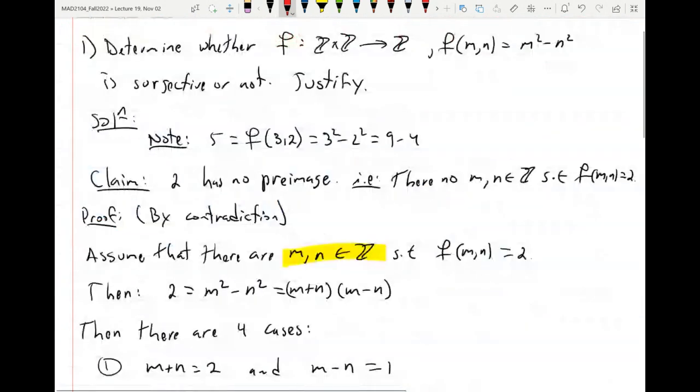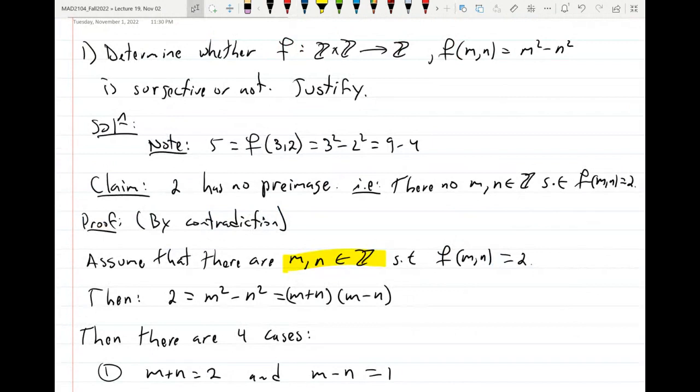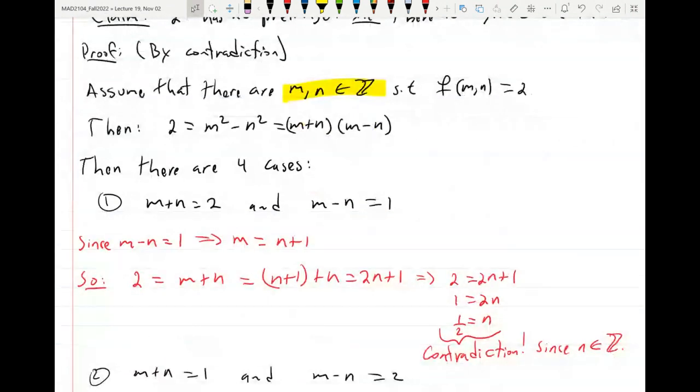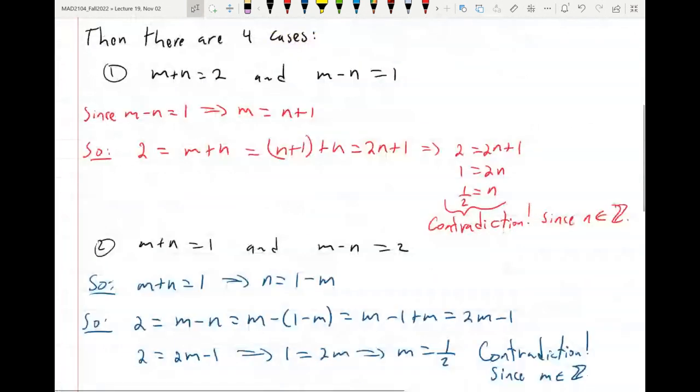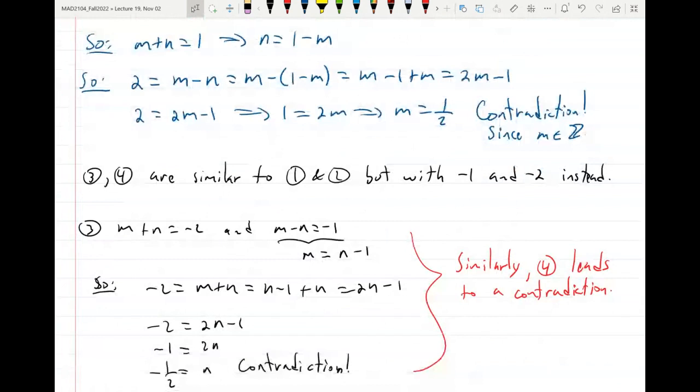So to recap, we started by assuming that 2 has a pre-image, meaning that you can write 2 as a difference of 2 squares, and then that means there are 4 cases that can happen, because you can factor 2, and so the factors are either 2 and 1, or -2 and -1. That's all, plus or minus 1, plus or minus 2. And we showed that in any possible configuration, it doesn't work.